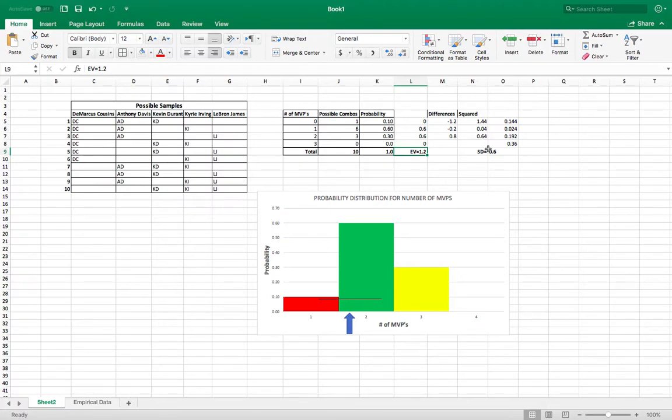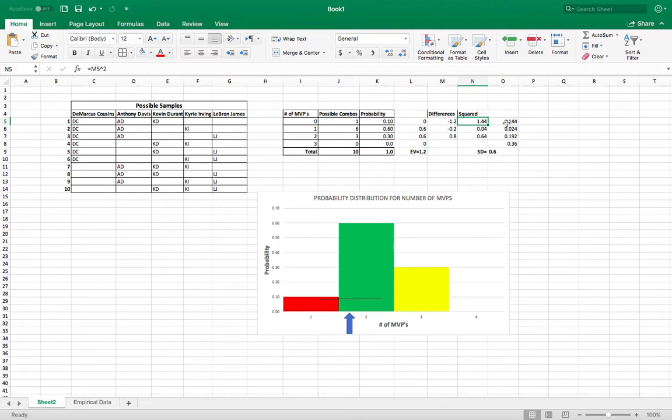Standard deviation was of course a little bit trickier. For standard deviation, I had to find the difference between the expected value and the number of MVPs over here, which was really simple. It's just basic subtraction. After you figured that out, I just squared those values of the differences.